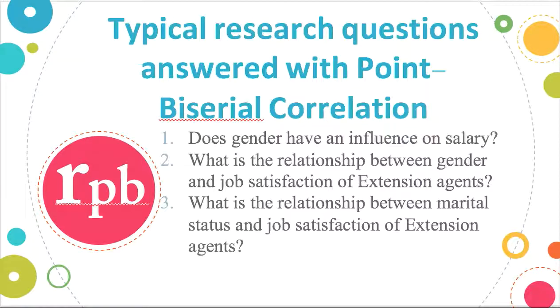And so let's think about this. In your survey, if you were to ask a question, what is your marital status? You could offer a variety of answer choices from single, divorced, married, complicated, whatever it might be.